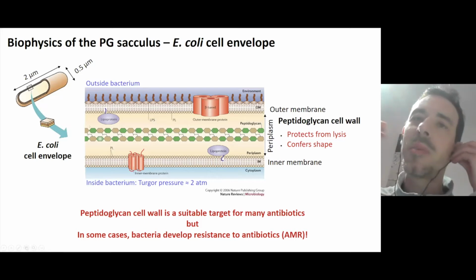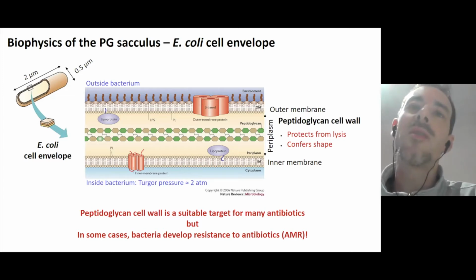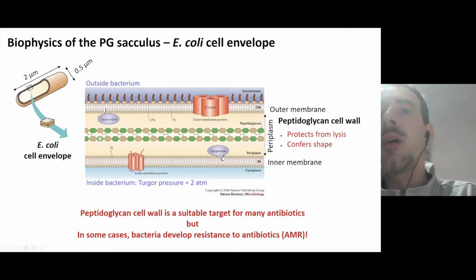Thank you, Abby. As Abby has already said, we are going to focus only on Escherichia coli. That's a bug, as you see in the top left picture, with an average width of half a micron and a length of 2 microns. We are going to focus on the cell envelope, which is represented at the center of the picture. From bottom to top, the cell envelope is made of an inner membrane that is in contact with the cytoplasm of the cell and has to sustain a turgor pressure of 2 atmospheres.